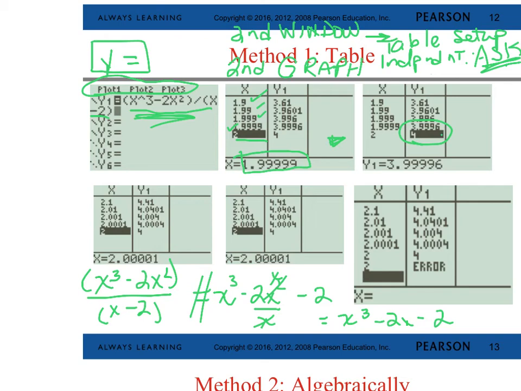But the fact of the matter is that Y value is actually 3.99996 in this case. The reason for that happening is because these tables are limited to 5 digits.